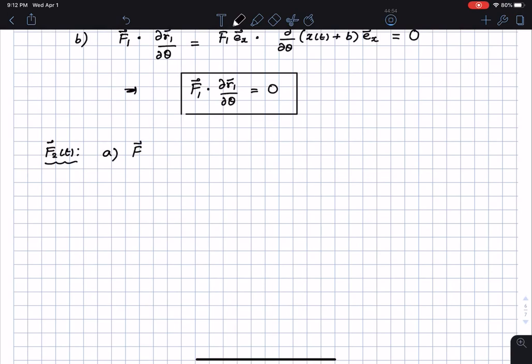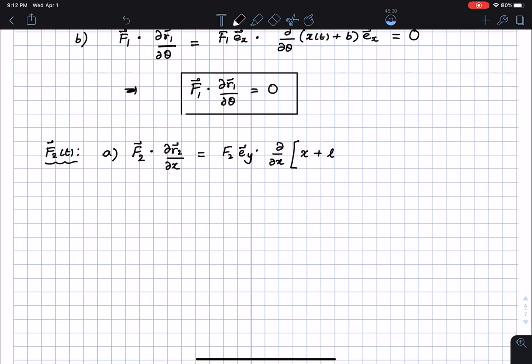Okay, so F2 dotted with dr2 by dx. This is going to be the following. F2 ey dotted with d by dx of the following: x of t plus something in the ex and then something in the ey. That's what we had for r2. X plus L cos theta ex minus L sin theta, I'm sorry, cos theta and sin theta were flipped.